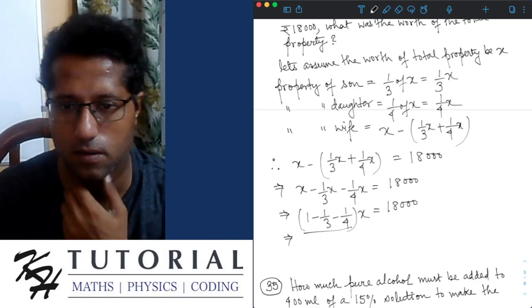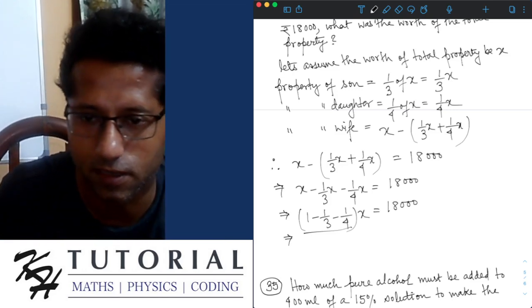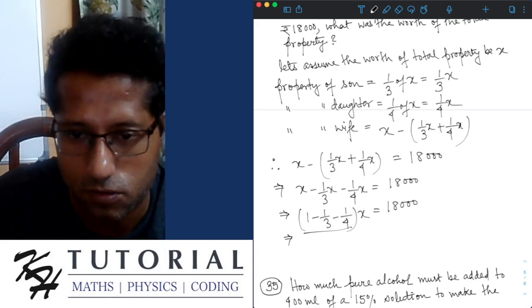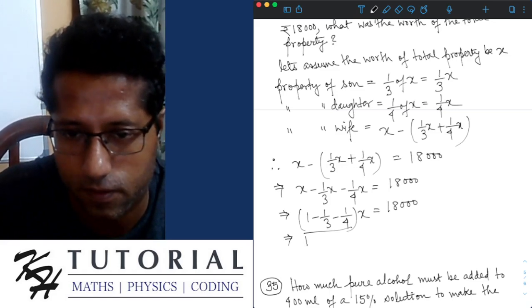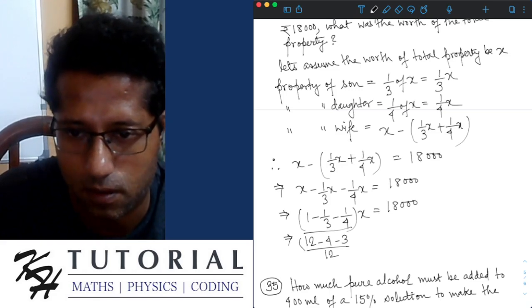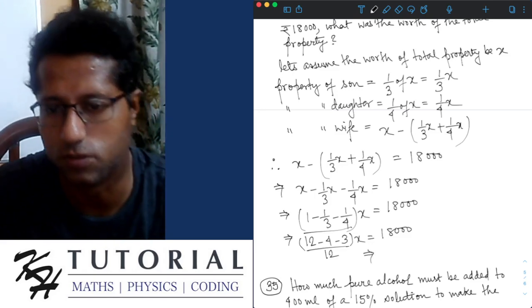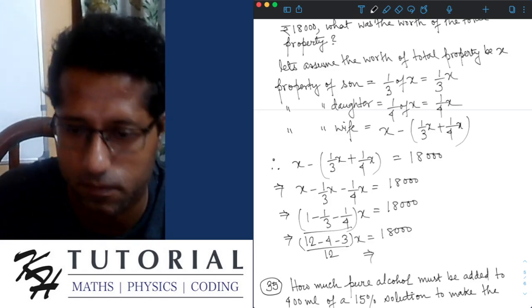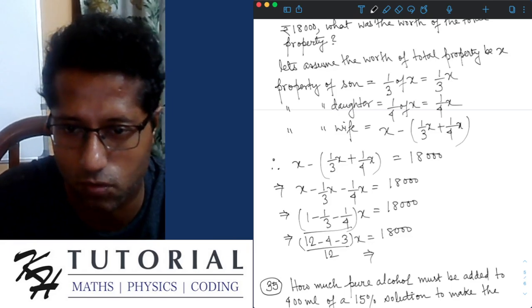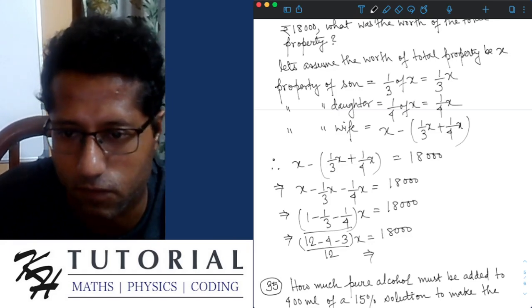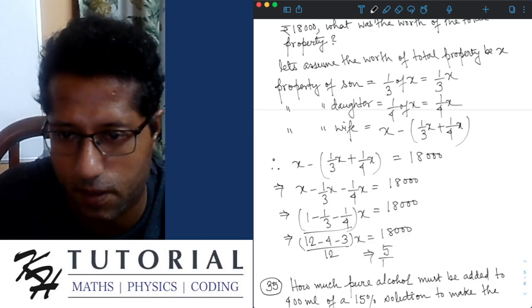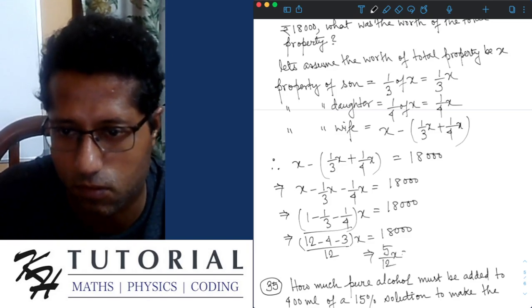We will find the LCM of 4 and 3, which is 12. So this is (12 minus 4 minus 3)/12 x equals 18,000. Doing the simplification on the left hand side, 12 minus 4 minus 3 is 5, so we have 5/12 x equals 18,000.